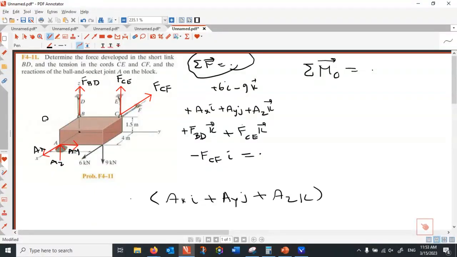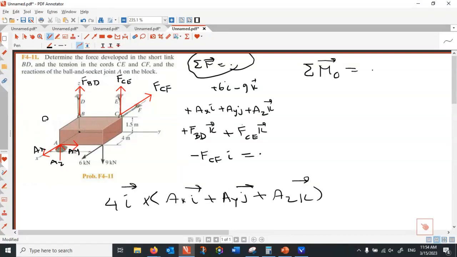The position vector is OA. And OA is what? OA is 4I, as a vector, cross product with another vector. And the way you do this is by constructing a determinant and finding it.